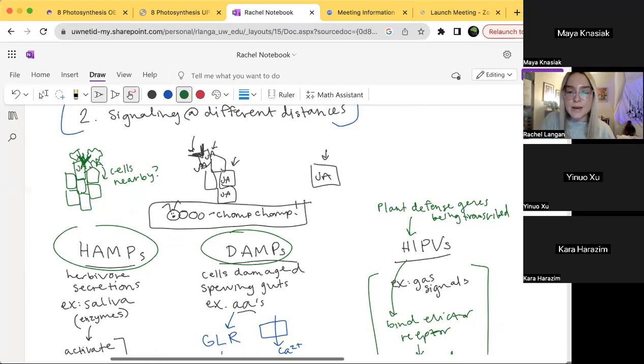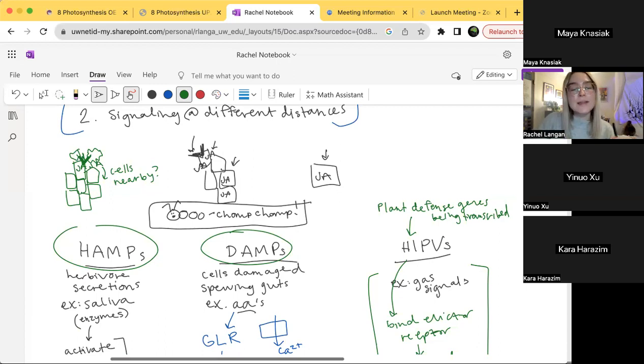Okay, Maya, yeah. Yeah, so JA can also travel through phloem, right? And bulk flow through the plant. So is that considered nearby or farther away? Yes, that would be considered far away. Okay.